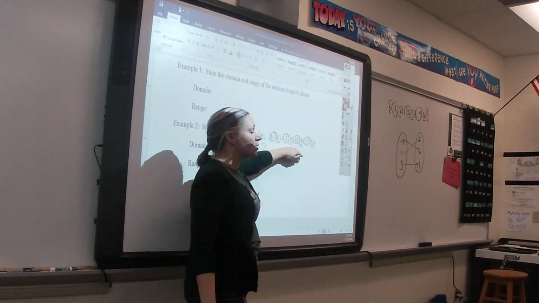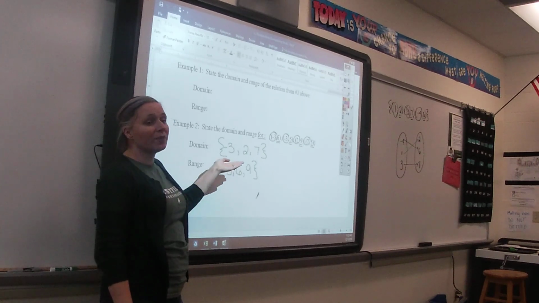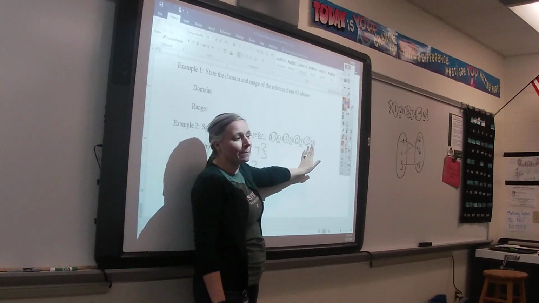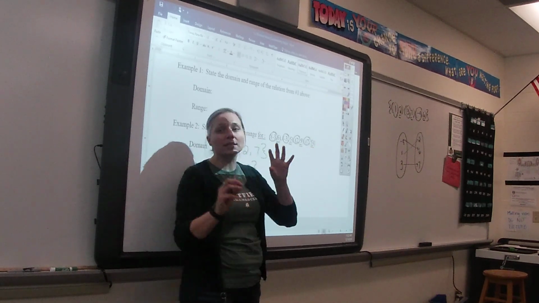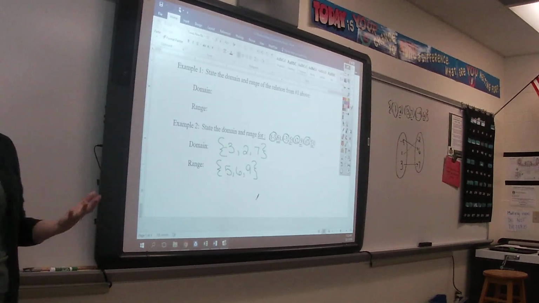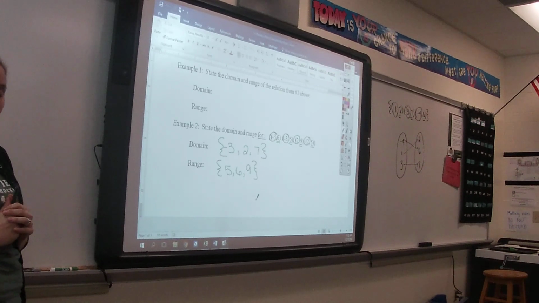If I'm given these ordered pairs, I can turn them into the domain and range. But if I'm only given the domain and range, I cannot turn that back into ordered pairs. It tells us other important information, but it doesn't allow us to move in between all the forms.